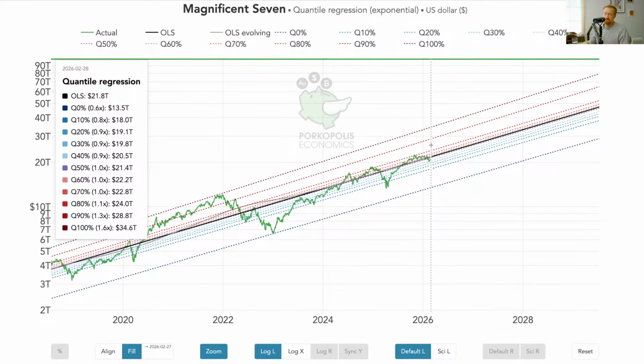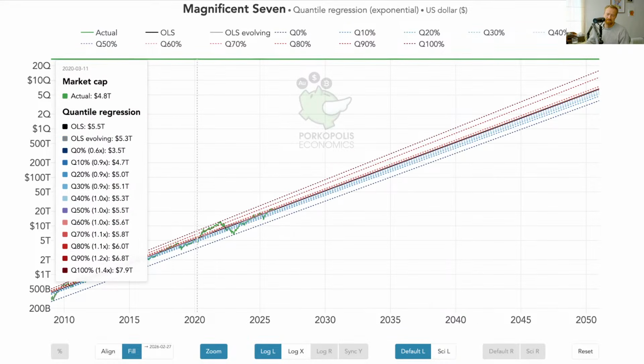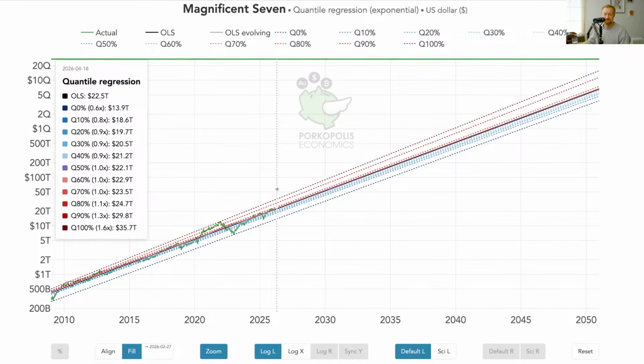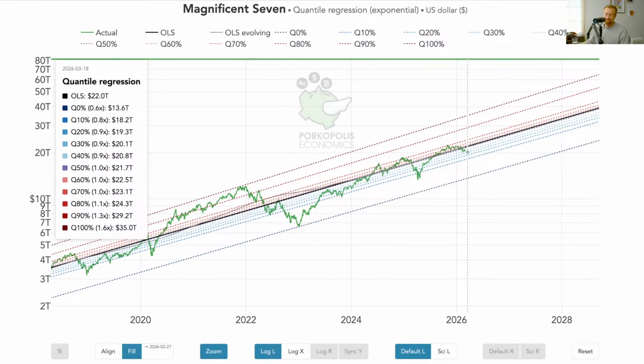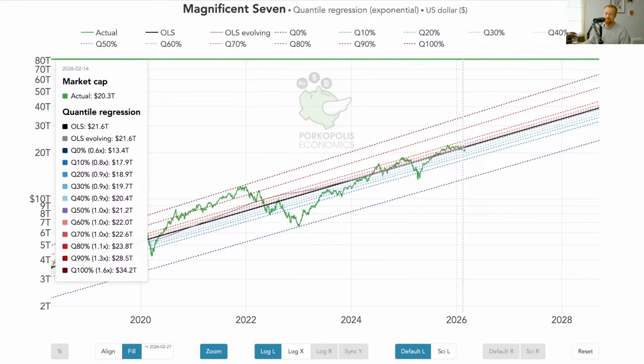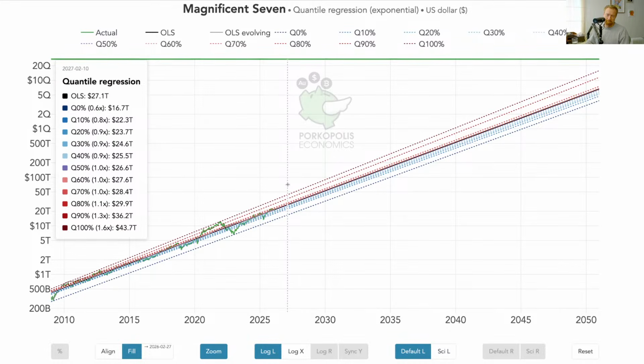Doesn't mean you can't make money with stocks. Doesn't mean you can't hedge your bets with stocks. But exponential trends are volatile. This is the point. You can go far above or under trend. And right now we're right on trend. So what that says for the AI boom, not exactly sure, but at least in this sort of arbitrary start date, which is the life of Bitcoin, this is where they're at.